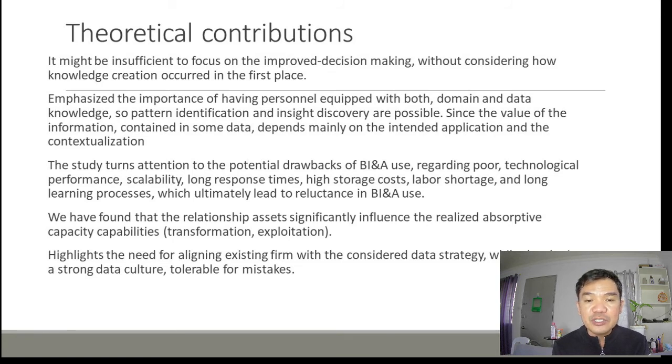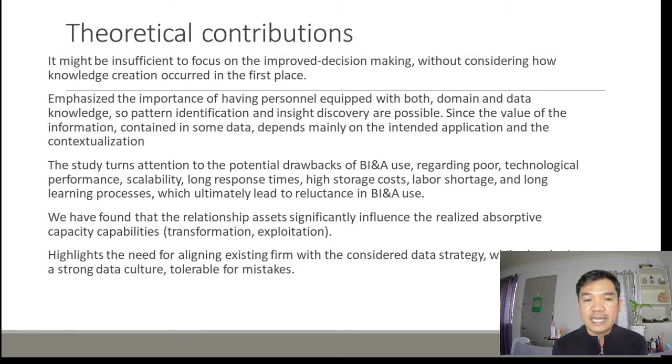The study turns attention to the potential drawbacks of BI and analytics use regarding poor technological performance, scalability, long response process, high cost labor storage, and long learning process, which will ultimately lead to reluctance in BI and A use.